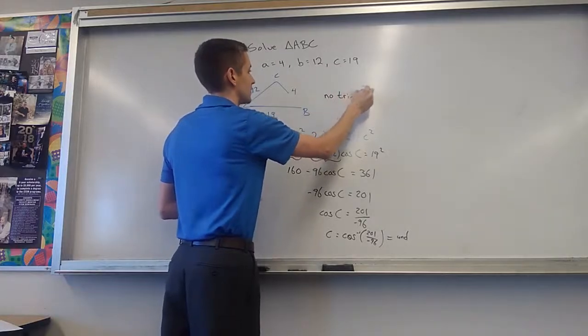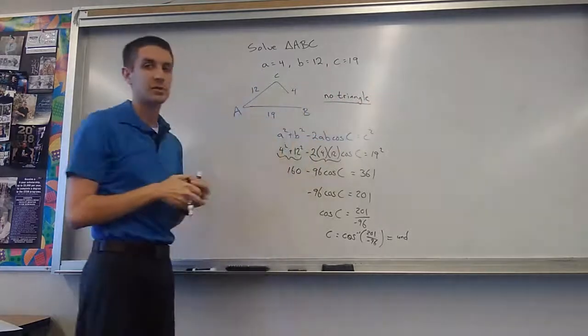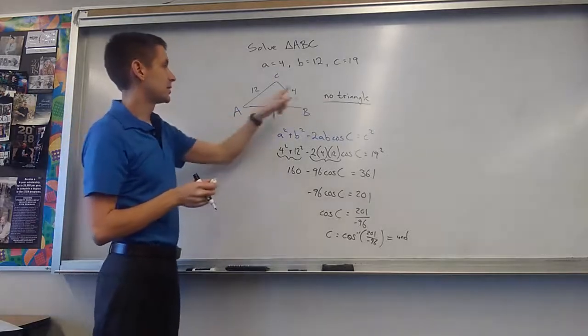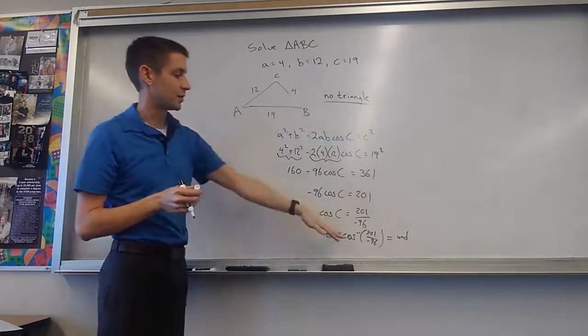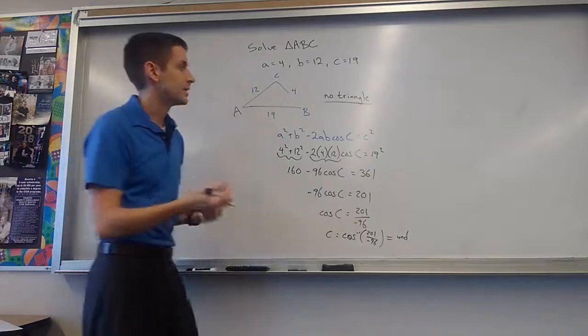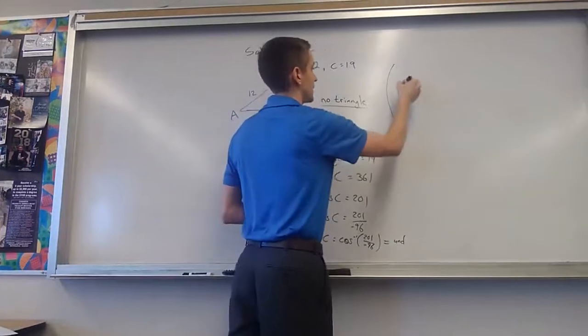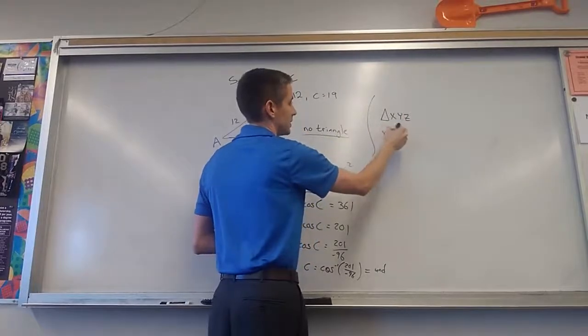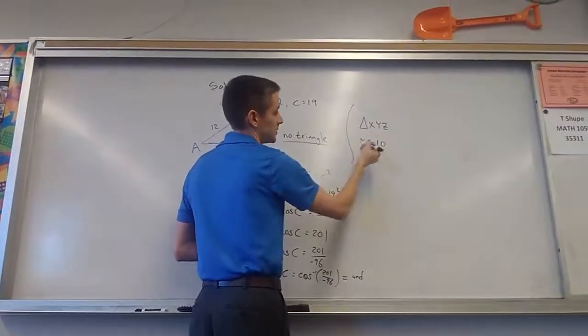Now, I'd much rather just say no triangle based on the side lengths as opposed to going through this entire work. So if I look at another triangle here, I've got triangle XYZ. Let's say side X is 10, side Y is 2, and side Z is 7.